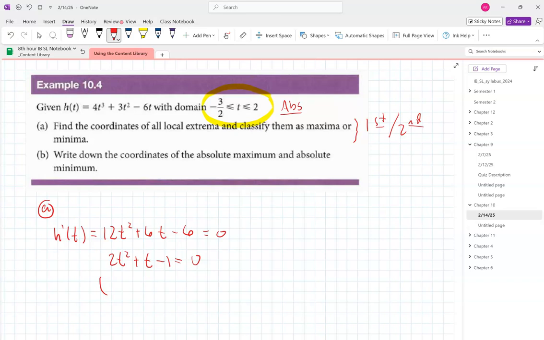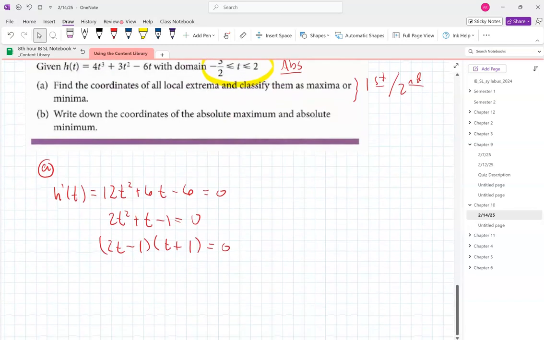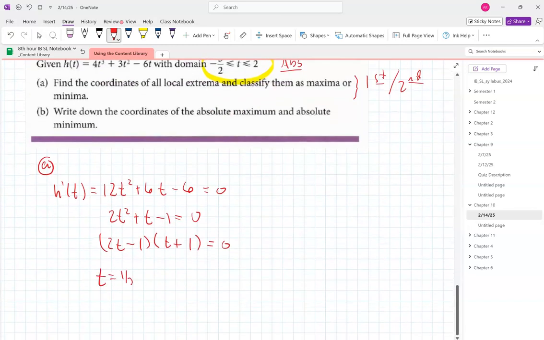If it's factorable, it'll be easy to factor even though there's a leading coefficient, because all I have to do is figure out which one is the plus and which one is the minus. Since that has to be a positive 1 in the middle, I know that the positive has to go with the 2t and the negative has to go with the 1t. So I get t equals 1/2 and t equals -1.